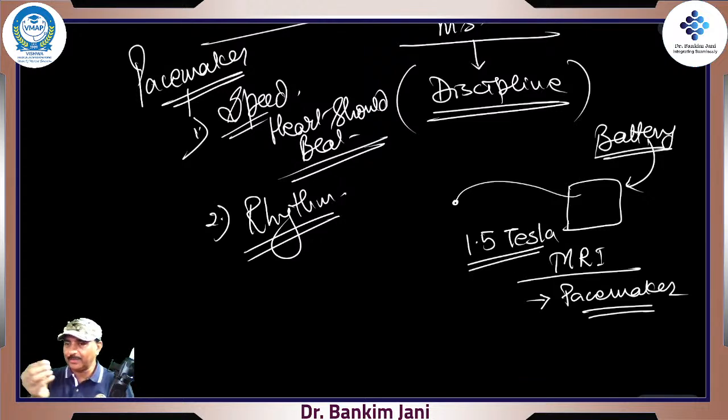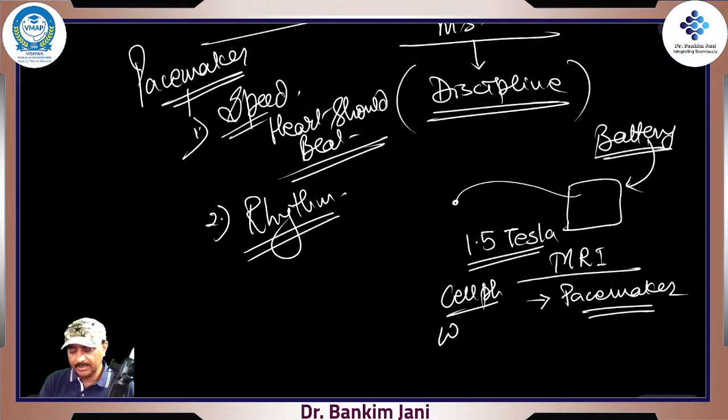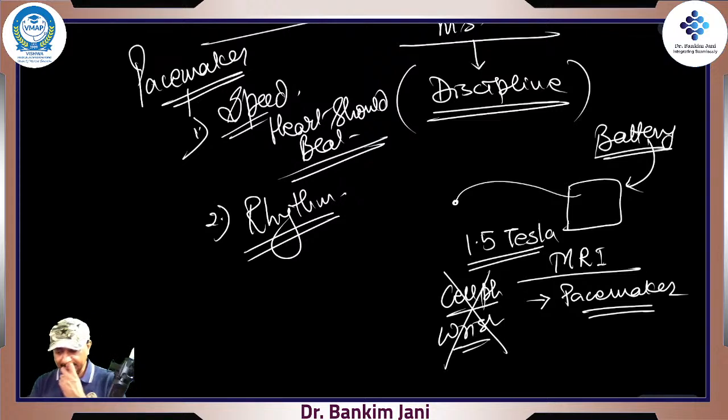If you have even a small iron coin, that coin would go like a bullet at such high pace, which can cause injury. Your cell phones and wristwatch can literally crash in the presence of this strong magnetism.